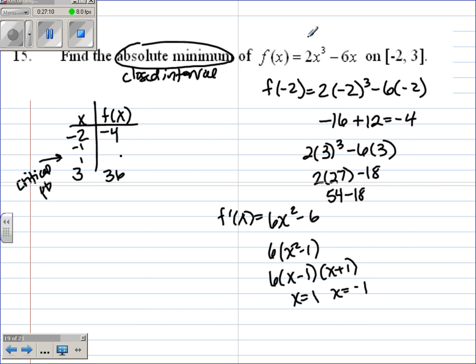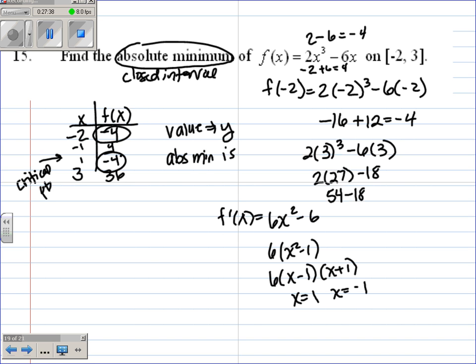You plug them both in. 1, you get 2 minus 6, which is negative 4. If I plug in negative 1, I would have negative 2 plus 6, which is 4. And so the absolute minimum happens 2 times, at negative 2 and at 1. But it's asking for the value. The value means the y. So the y value would be negative 4, even though it happens twice. So the absolute minimum is negative 4.